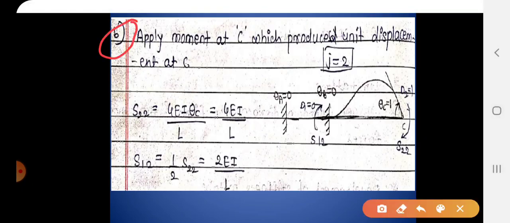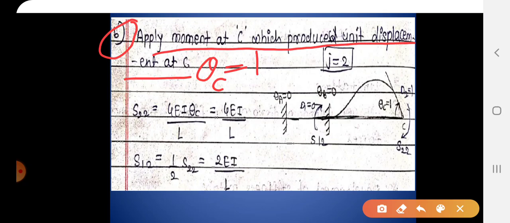This is related to the second unknown, theta C. We have to apply a moment at C to produce theta C equal to 1, that is, a moment at C which produces unit displacement at C. You can see in the diagram that for theta C we have applied a moment at C, and this will be carried over to joint B because it is a fixed support.